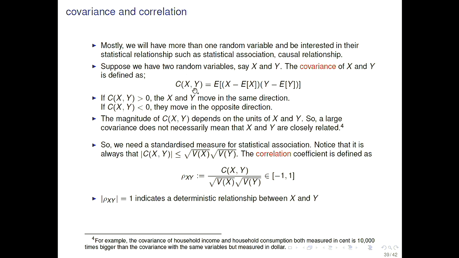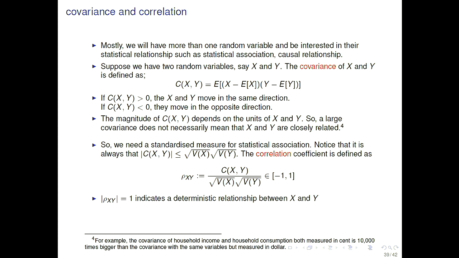So when those two random variables are moving in opposite directions, it's not a deterministic relationship. Sometimes they are moving in the same direction, but it is more likely that they're moving in the opposite direction. And then the covariance is negative. So you compute covariance, and you can say whether they are negatively related or positively related.